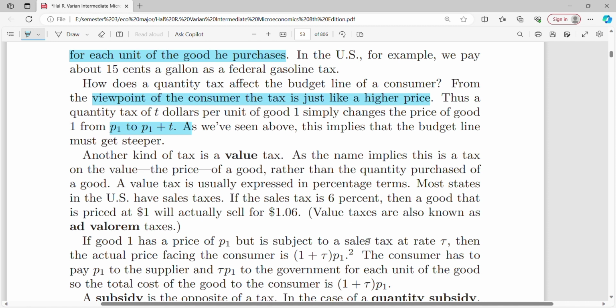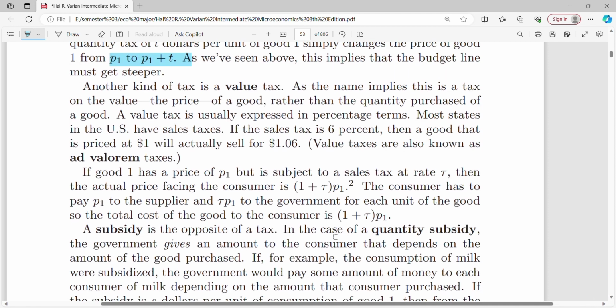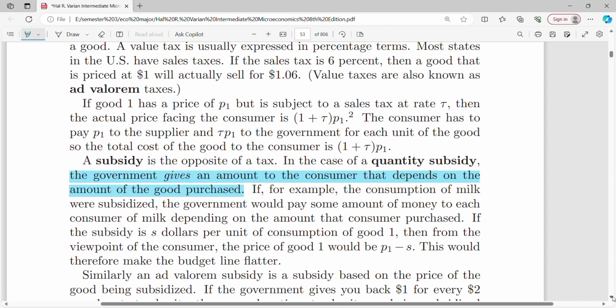And if we speak of quantity subsidy, the government gives an amount to the consumer that depends on the amount of goods purchased. And how is that denoted? P1 minus S. So P1 plus T. Generally T denotes tax and S denotes subsidy.